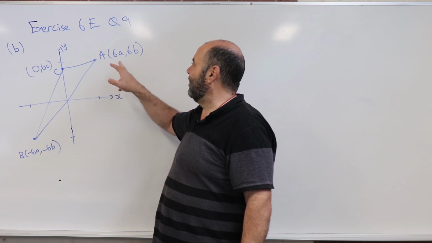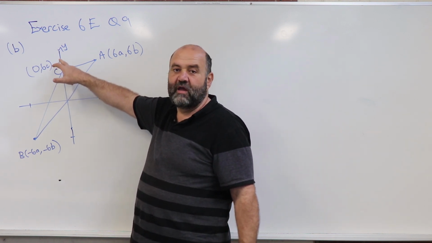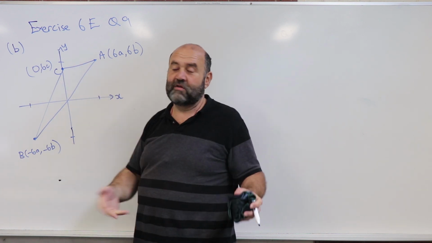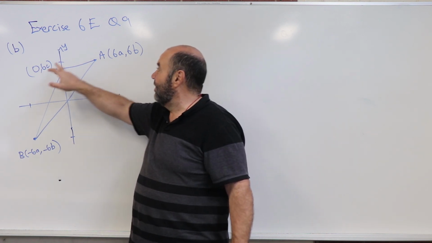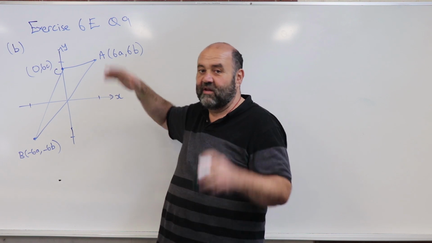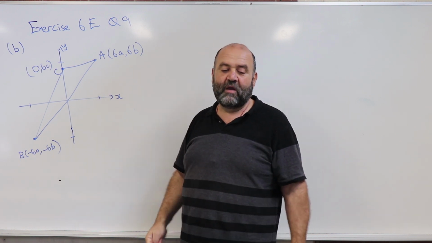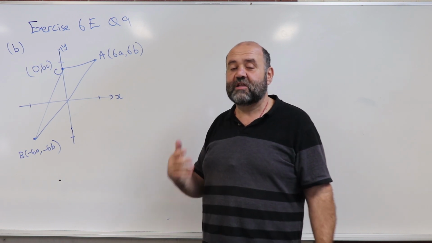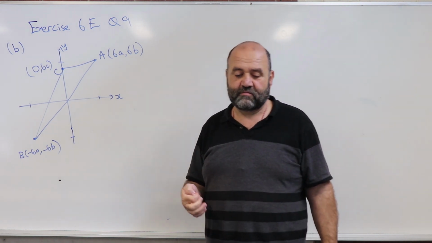Don't be tempted to think, oh, they're all 6s, so C is going to be up here, horizontal from A. It's not. This is 6 times c, this is 6 times b, so they're at different heights. And we don't know the size of a or b. That doesn't really matter. We're just going to let the algebra do the talking for us.